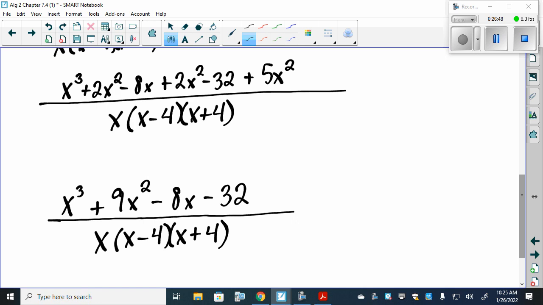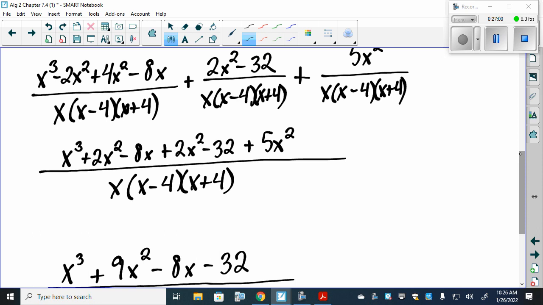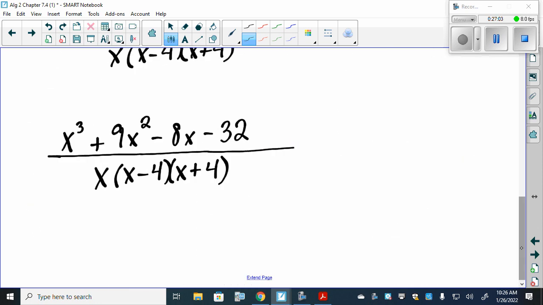Now we would see if there is a way that we could factor the numerator, which there does not seem to be, as long as I got all the signs correctly. This here looks like it'll be it, because x cubed and x squared do have a greatest common factor of x squared. And negative 8x minus 32 does have a greatest common factor of negative 8, but factoring either one of those does not give us a way to actually simplify, because we would need the sets of parentheses to be the same.